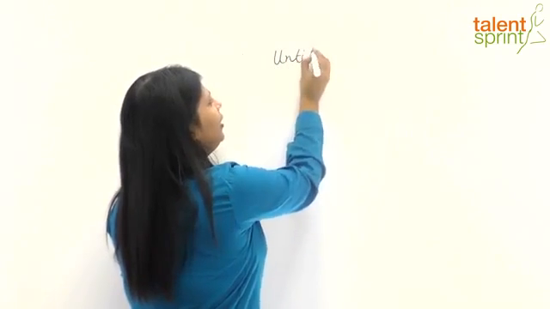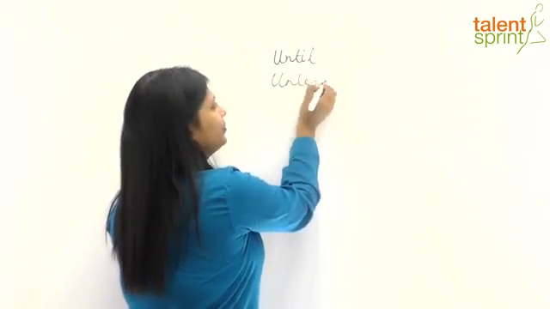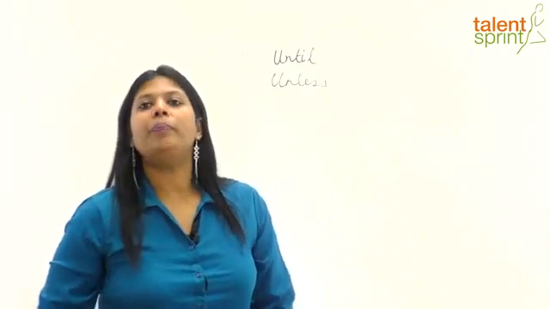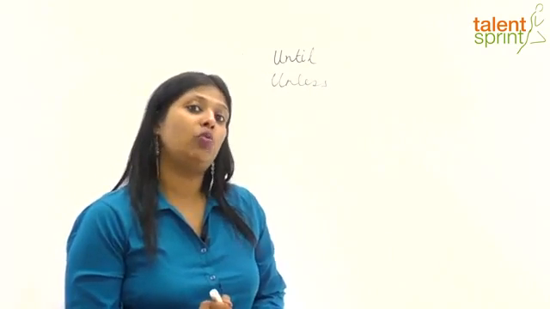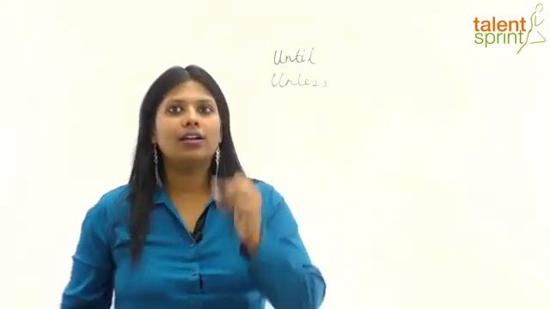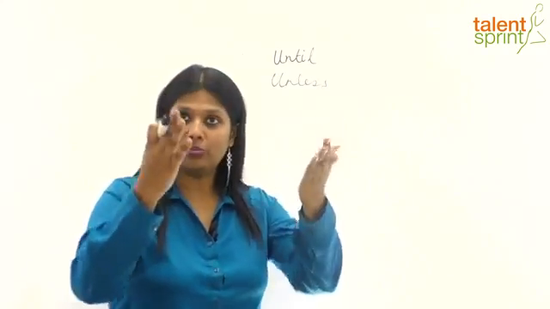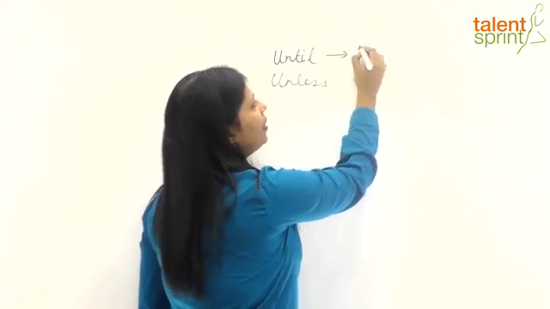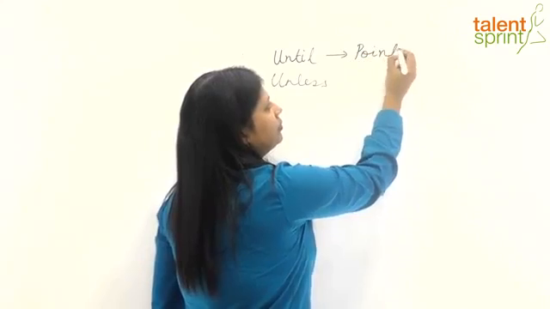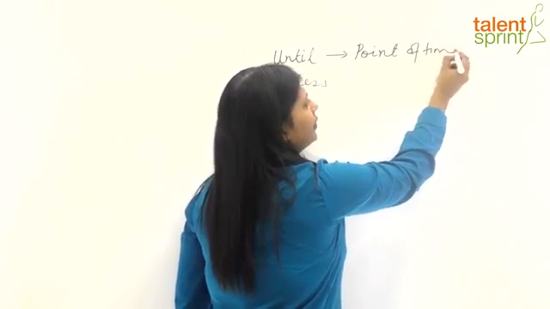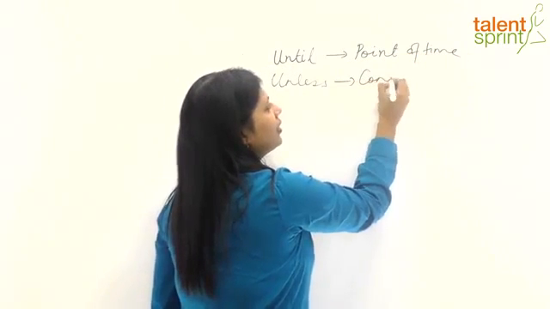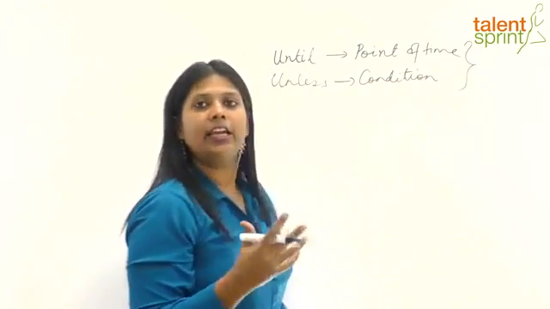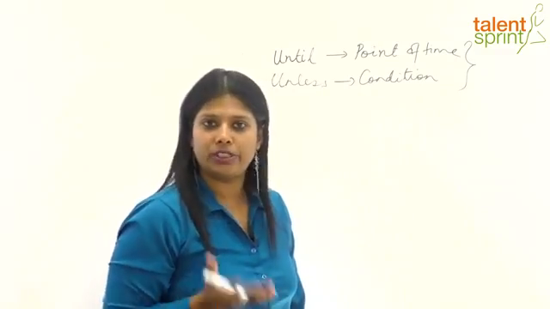Until and unless. What's the difference? Until is when we talk of a point of time, and unless is when we're talking of a condition. So until, please remember, is point of time, and unless is condition. Now based on this reasoning, we can apply it to the example we just saw.